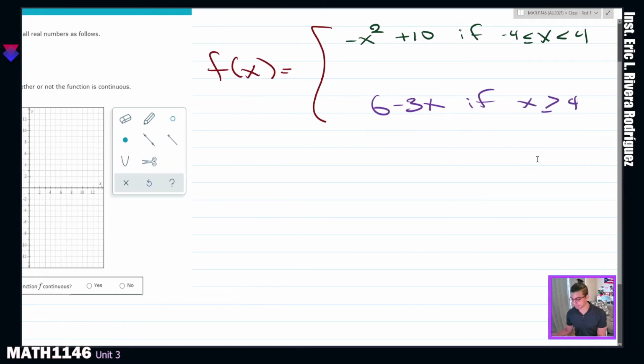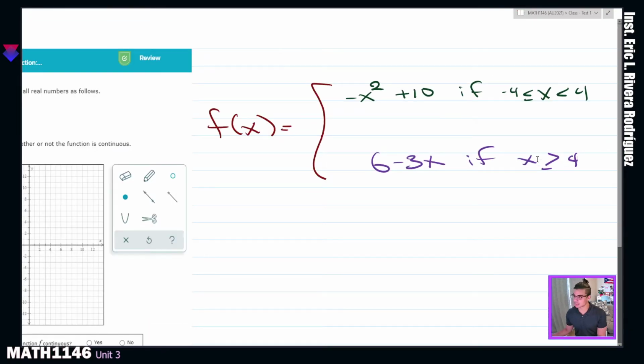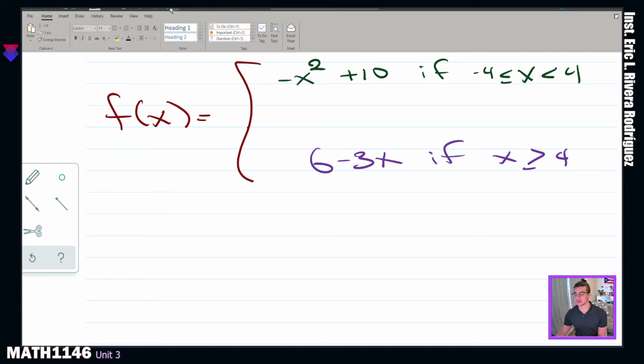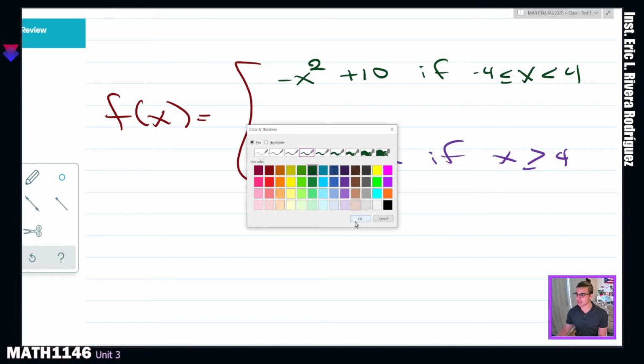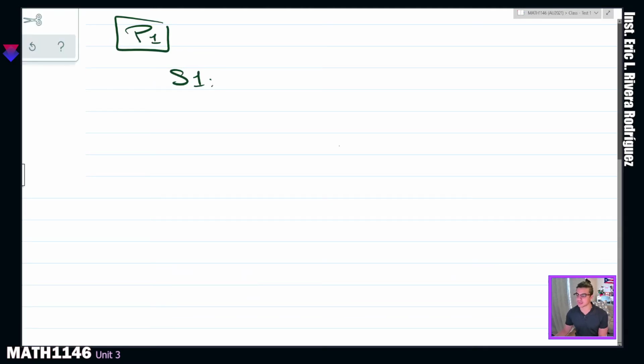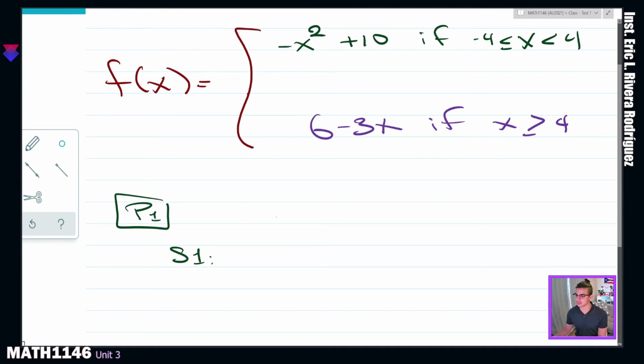All right. So that's our piecewise-defined function, and we need to go through all those steps. Okay, so you will help me again in this one. So piece number one, I want to focus on step number one. We want to know what is the type.